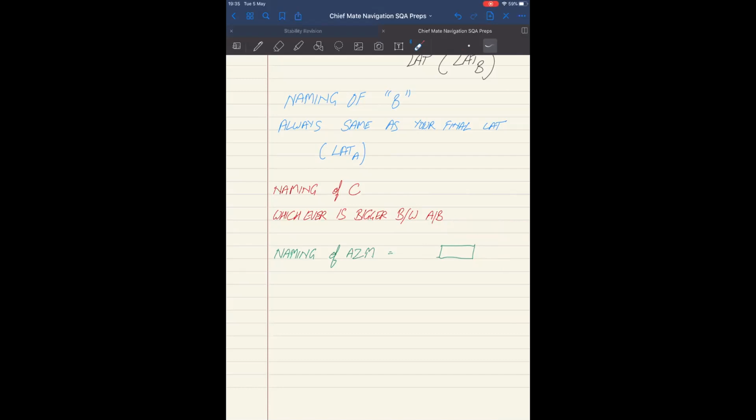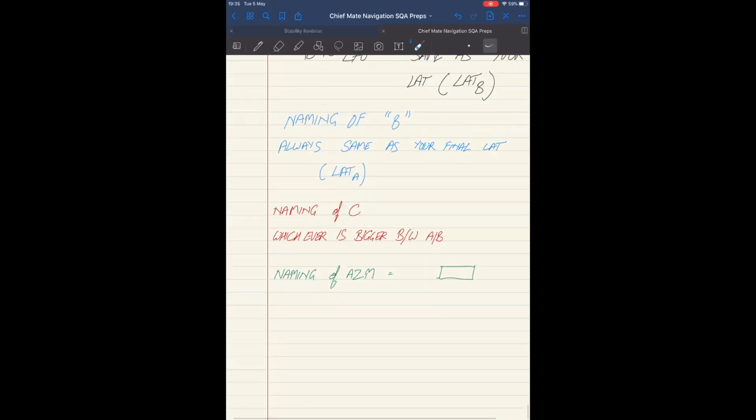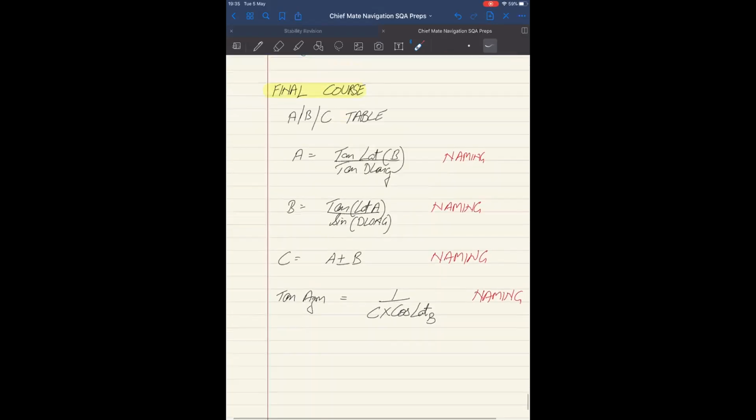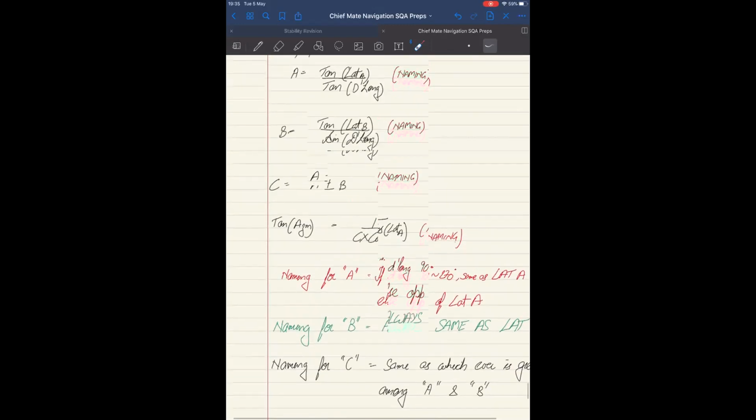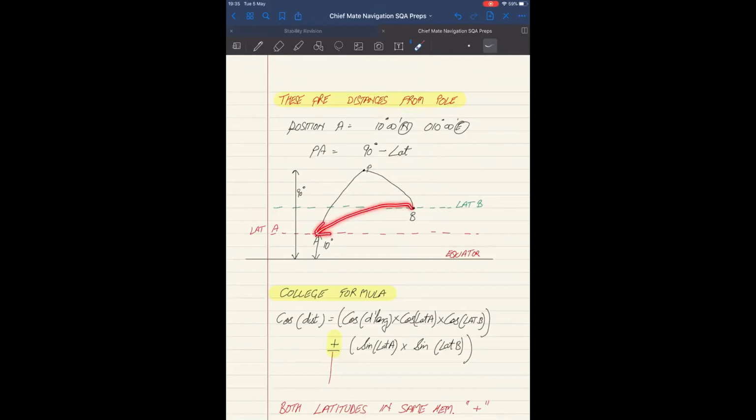If we are actually moving east, it comes east. If we are actually moving west, it comes as west. We will not take, like we made an assumption here, that we are moving from B to A. In this case, it was west. So we'll not write west because we assumed this while calculating the final course. Our actual direction is still moving east. So we'll write east when calculating the final course.